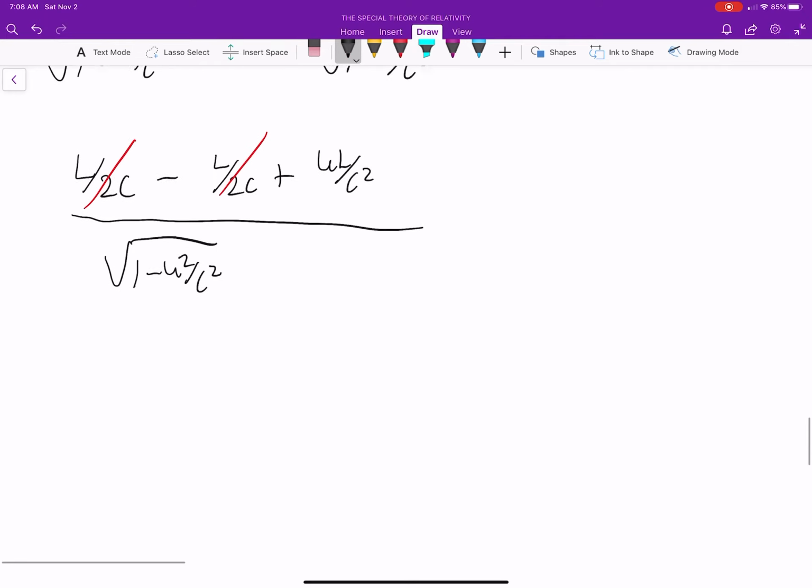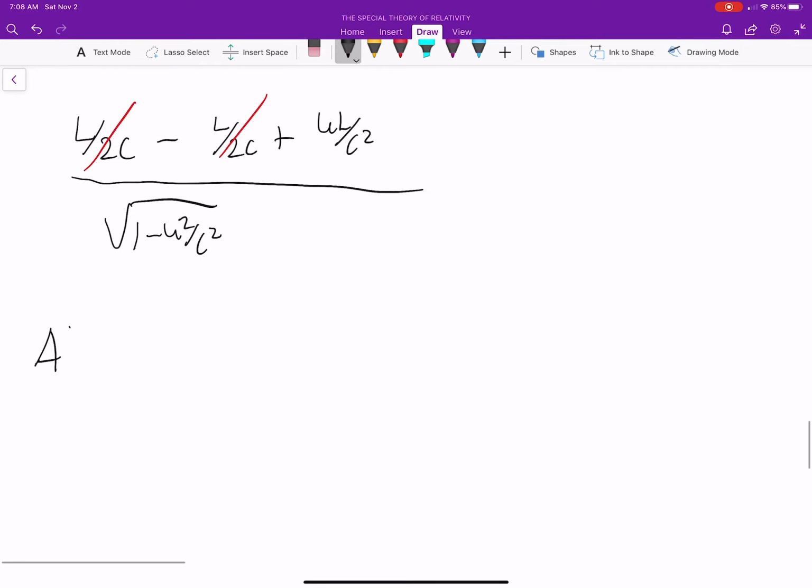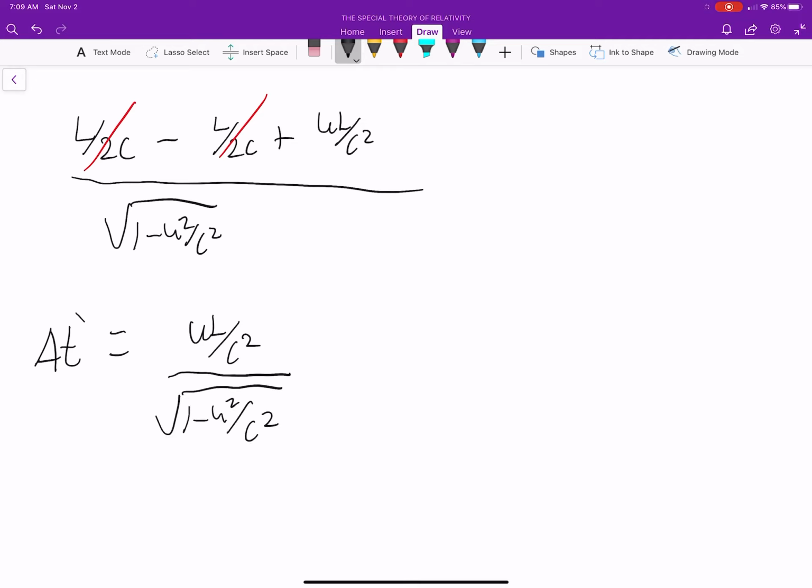These drop, and we can say delta t prime is equal to uL over c squared times the square root of 1 minus u squared over c squared. Which, if we really want to make it look nice, is uL over c squared, square root of 1 minus u squared over c squared.